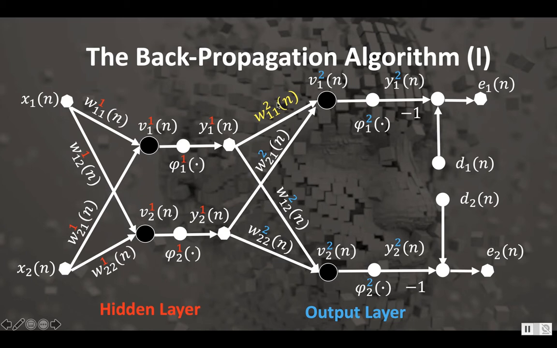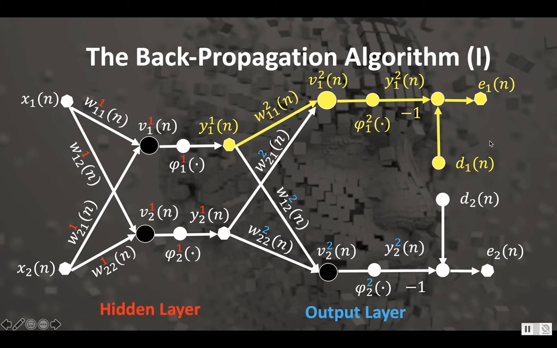So here we can see that if we want to update the output layer weight W211, all these components will be involved in the update. Those are the input Y11, the output V21, and the activation function in the output layer, which gives Y21, the output of the output layer.